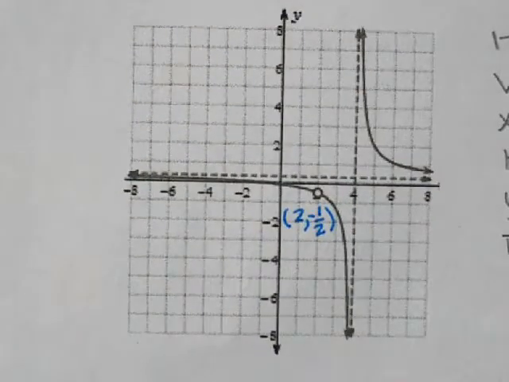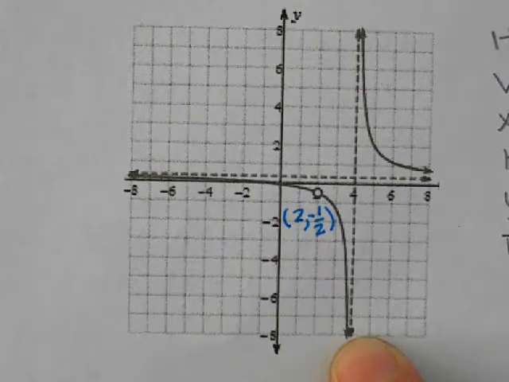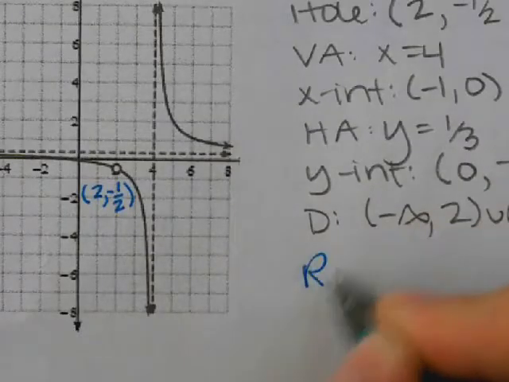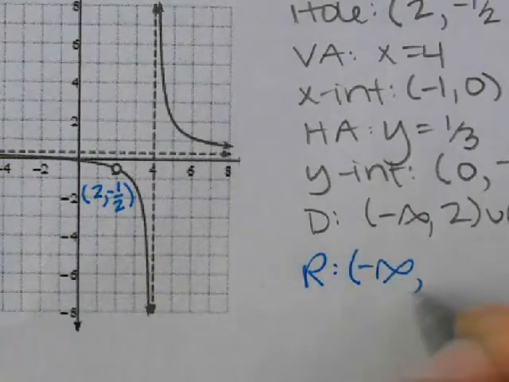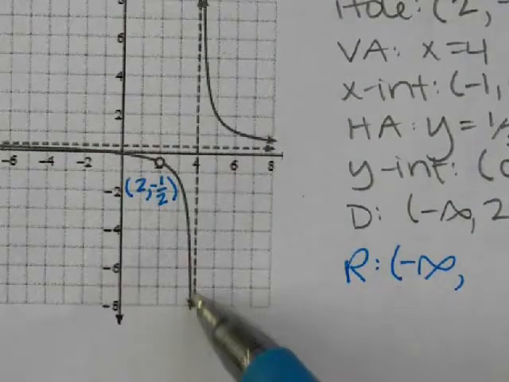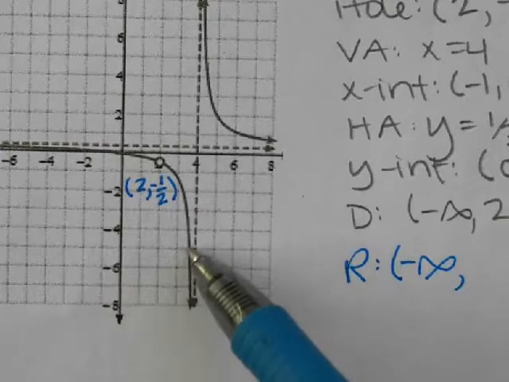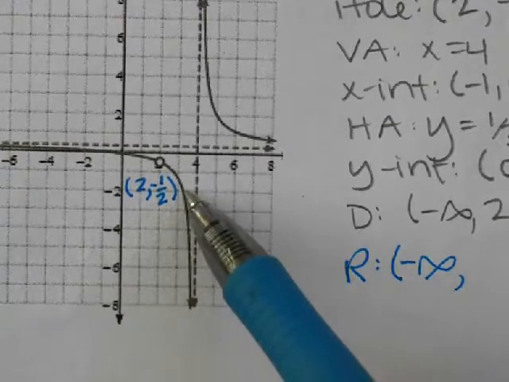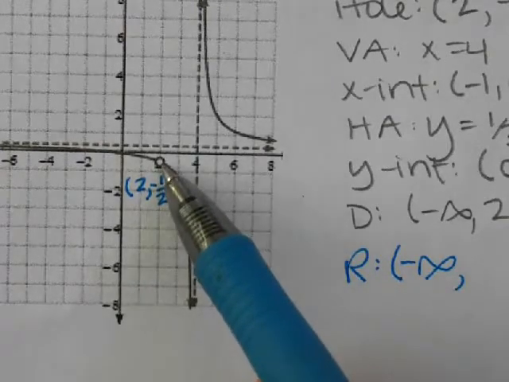Okay, so if we look at our range, what do I start with? Negative infinity. And then we have -8, -7, -6, -5, -4, -3, -2, -1, and then we get to the hole.